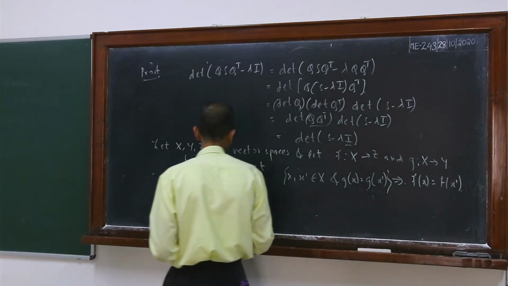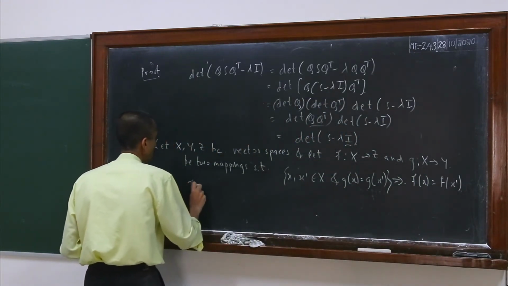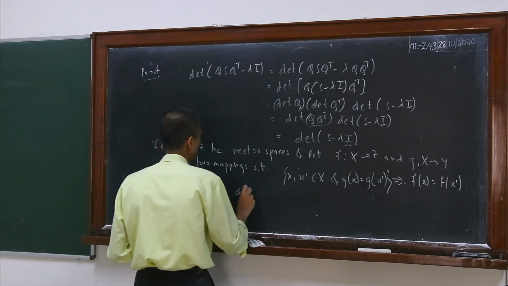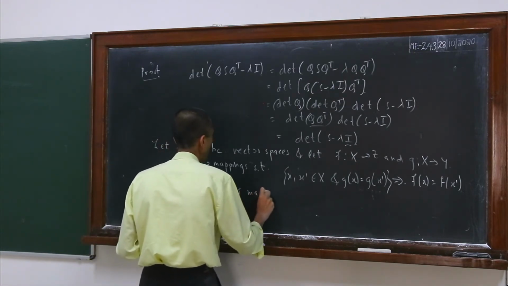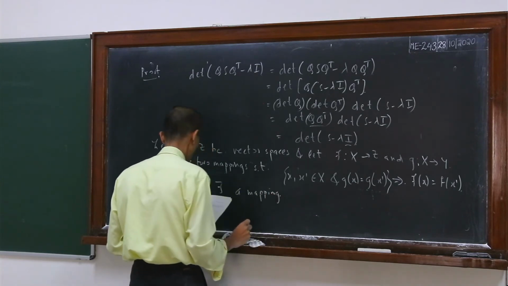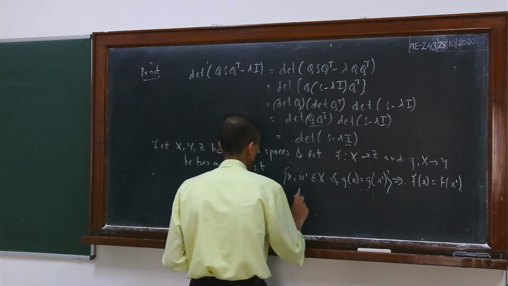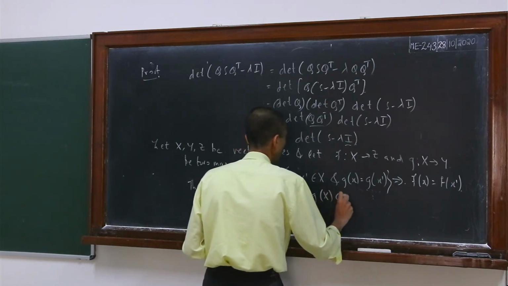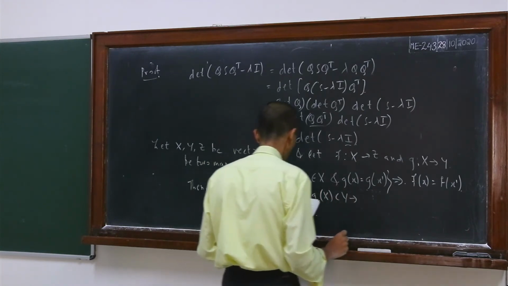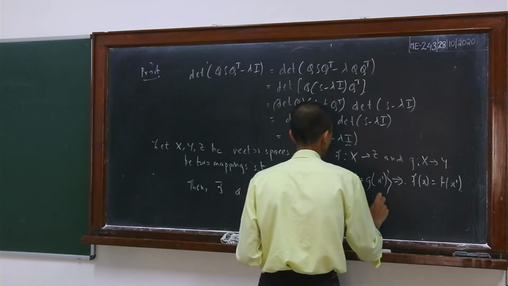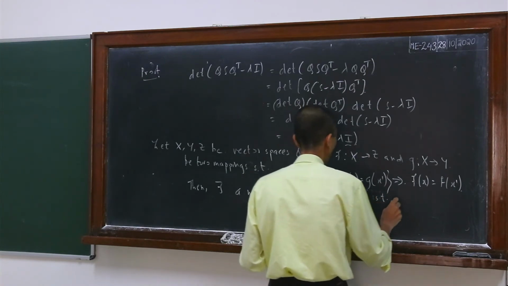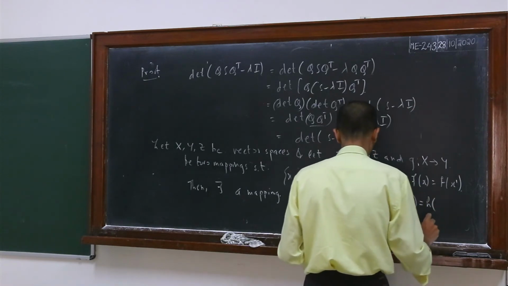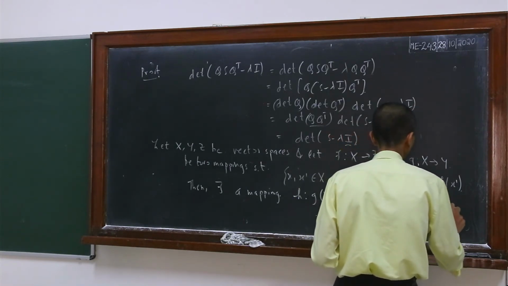Then there exists a mapping h from g of X, which is a subset of Y, to Z such that f of x is equal to h of g of x.